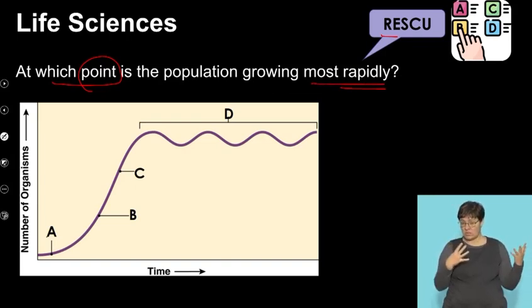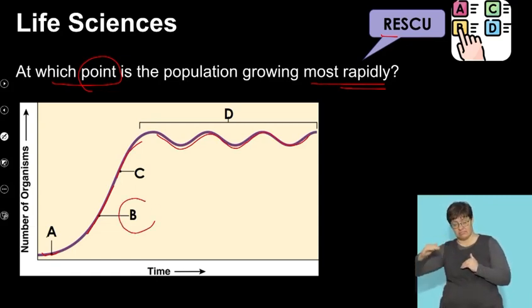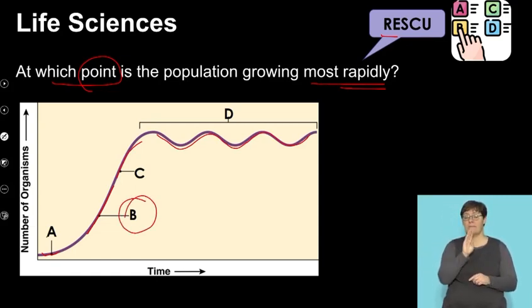Well, if we look, we've got A, it's growing quite slowly. B, it's growing very rapidly. C, it's going to start slowing down or decelerating. And D, it's going to fluctuate. So our answer here is B. It's growing most rapidly at point B.